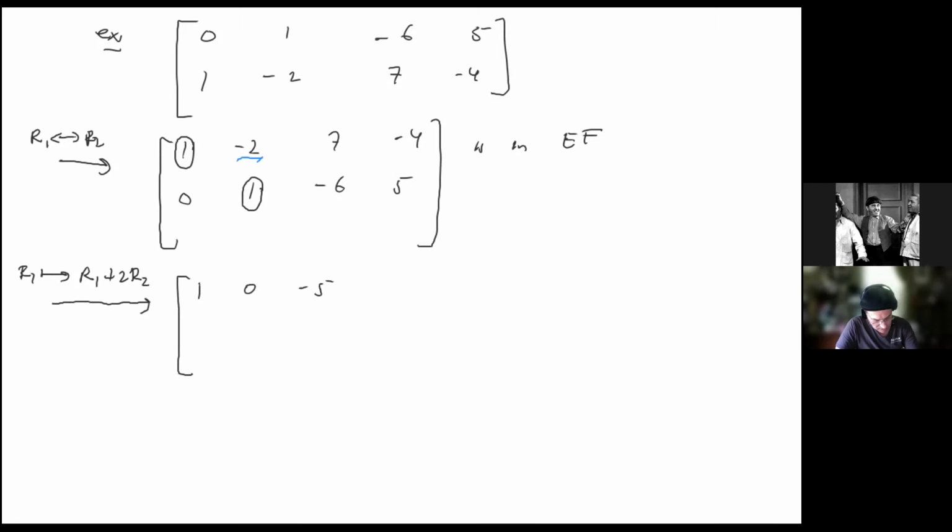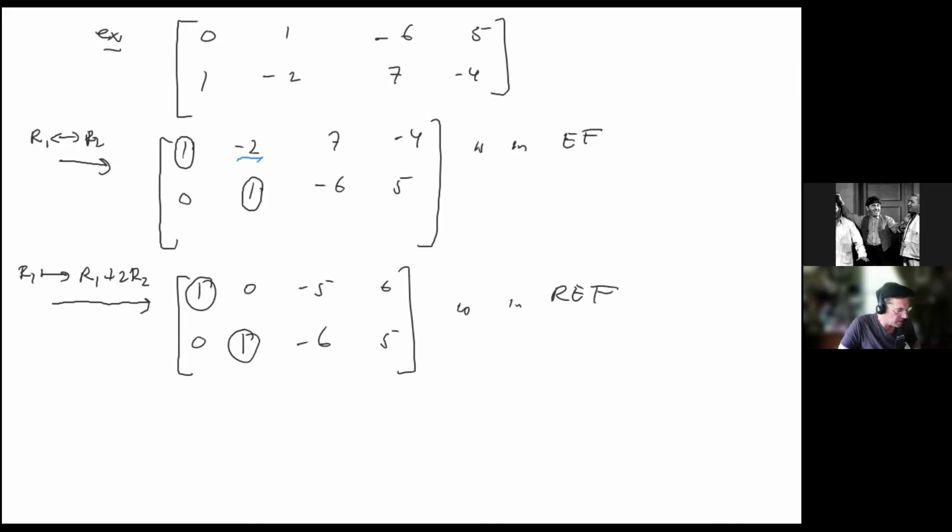Adding 10 to -4 gives me 6. And then we have 0, 1, -6, 5. I'm going to circle the pivot entries again. This is in reduced echelon form now. We can't go any further with this. We're done.